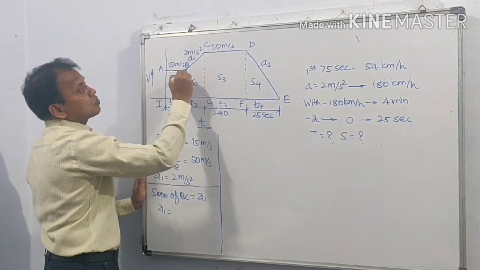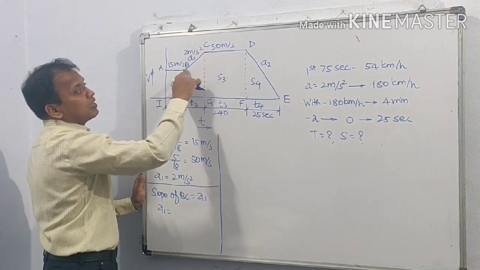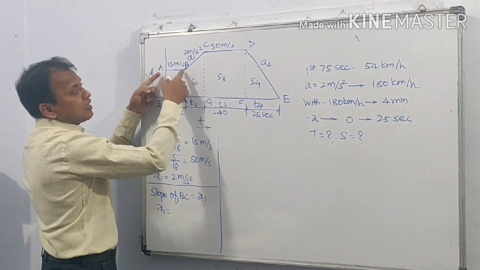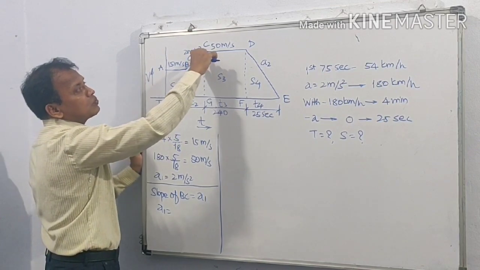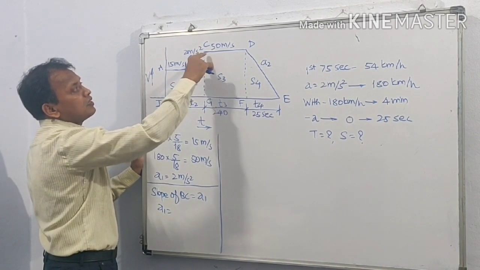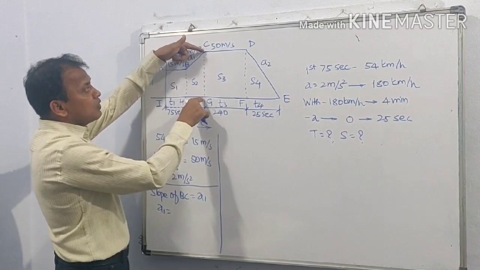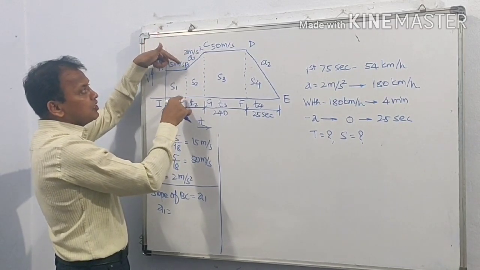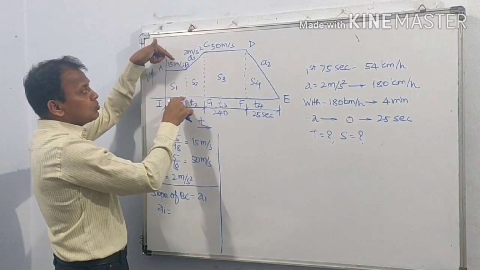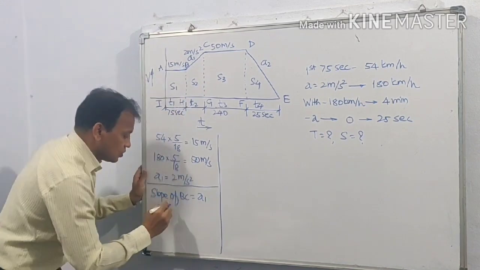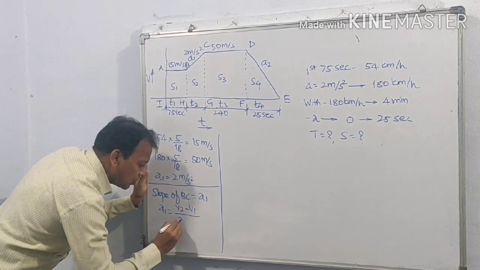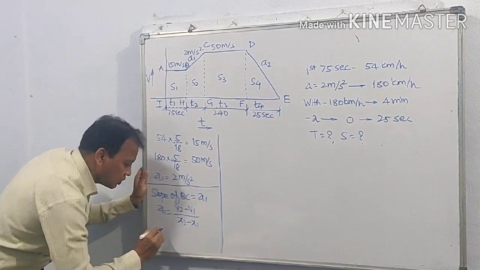We are considering these 2 points, y2 minus y1 upon x2 minus x1. This is y2, this is y1. y2 is equal to 50, y1 is equal to 15. So a1 is equal to y2 minus y1 upon x2 minus x1.